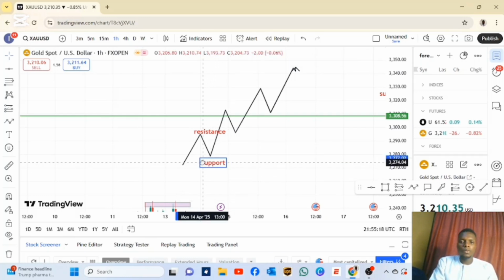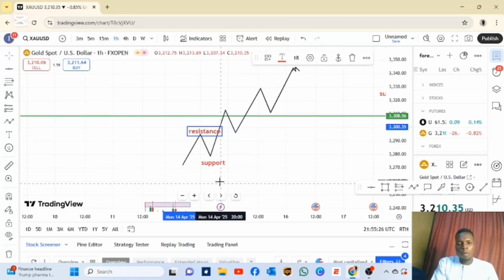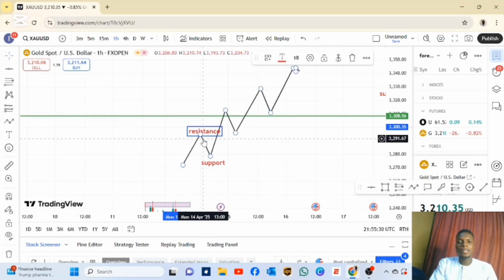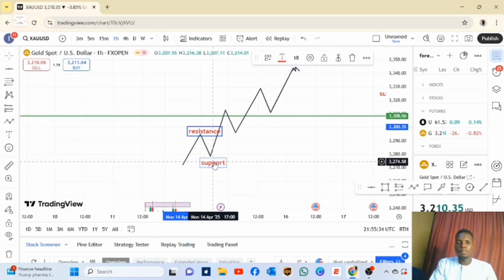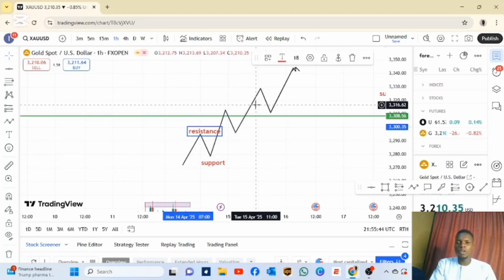A resistance is like a ceiling, and the support is like a floor. Whenever price gets to the resistance, it has to bounce, push below, and then break above, come back to retest that level, and use that level as support to push the upside.